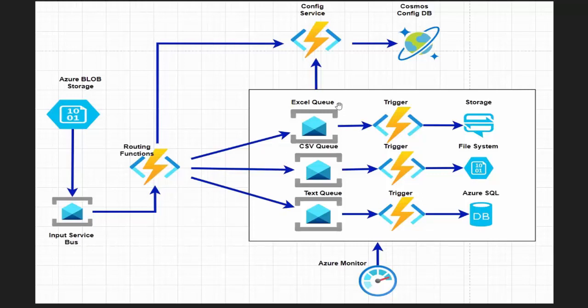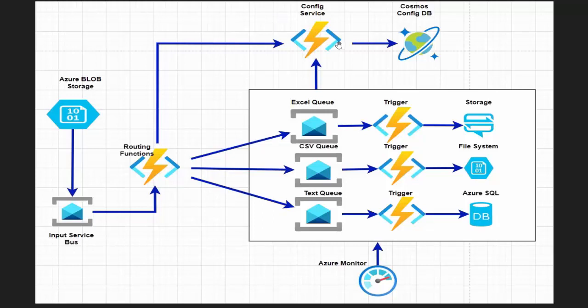Here you see the different queues: one for the Excel, another one for the comma separated file, and the third one for the text queue. Based on that, it will generate its appropriate trigger function. Those trigger functions will write into their respective destinations, which can be storage, a file system, or Azure SQL Database.